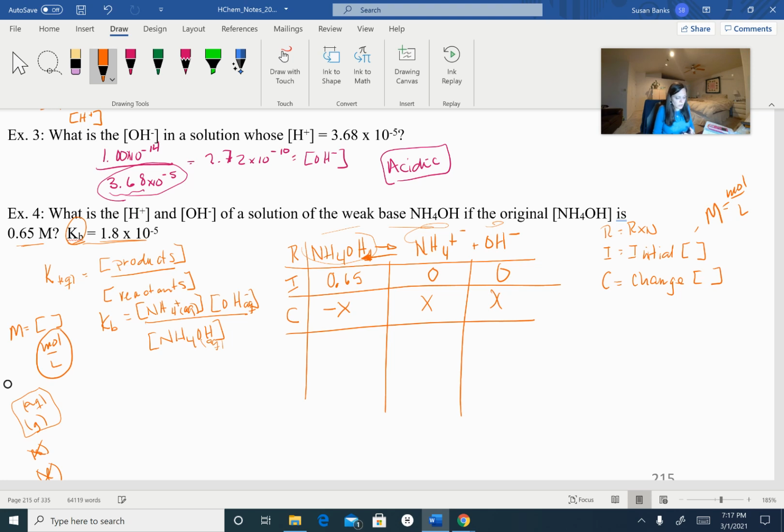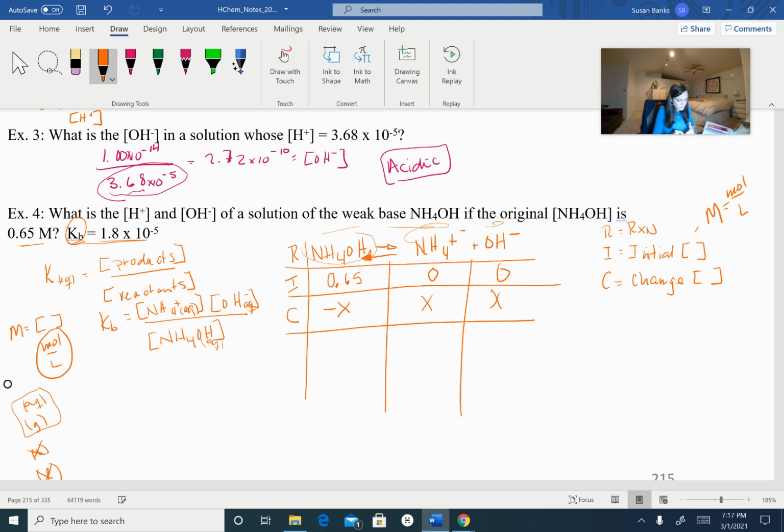So the ratio is when I lose an ammonium hydroxide, I make one ammonium ion and one hydroxide ion. So the stoichiometric ratios are really important. So you have to pay attention to those when you're assigning your X values, okay?